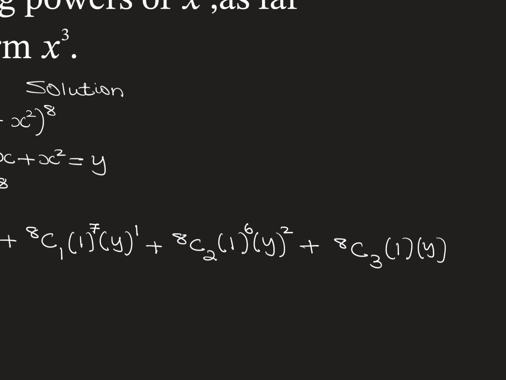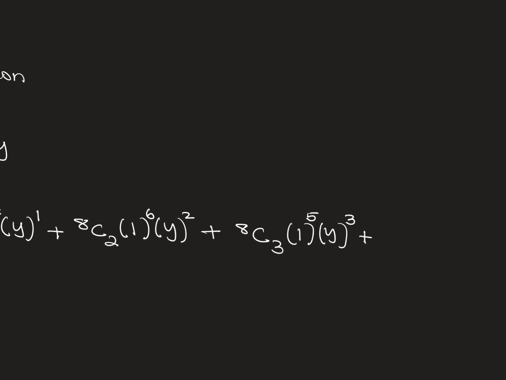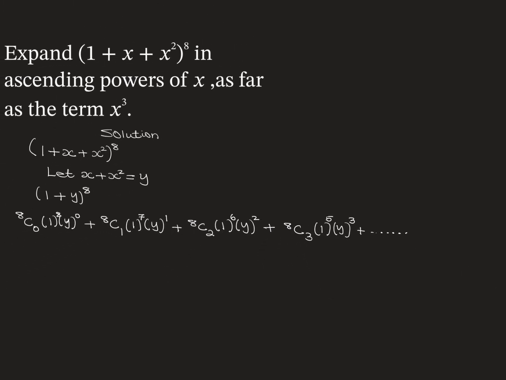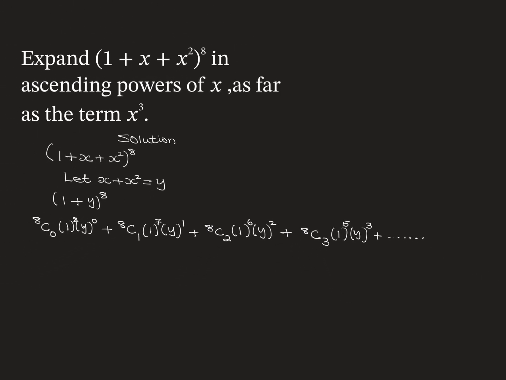So let's give them their appropriate powers. 1 will be power 5 and y will be power 3. So plus, this is where we have to stop. We can say and so on, because the question asks us to expand as far as the term x to the power 3.